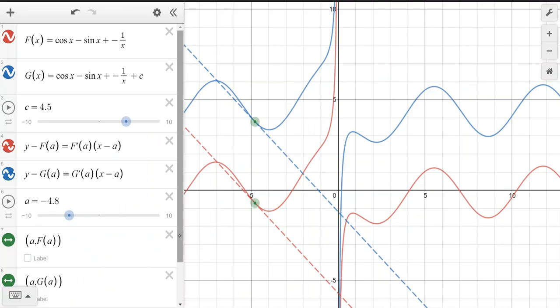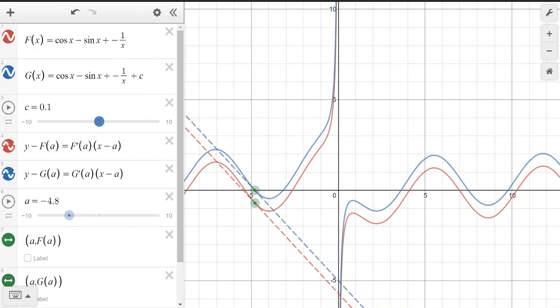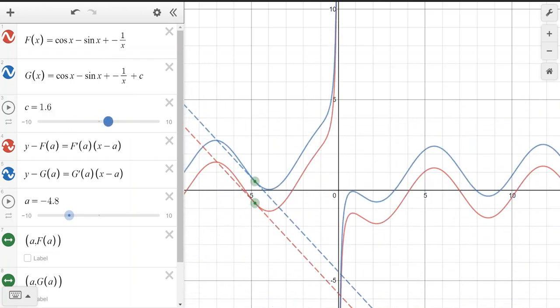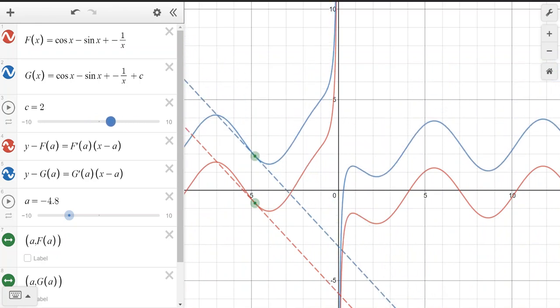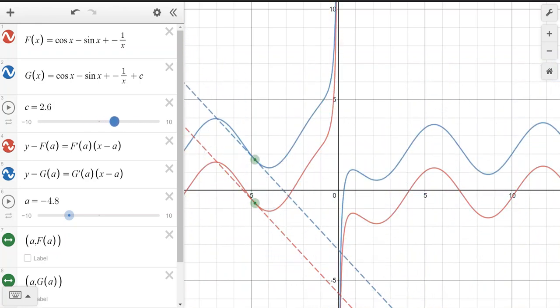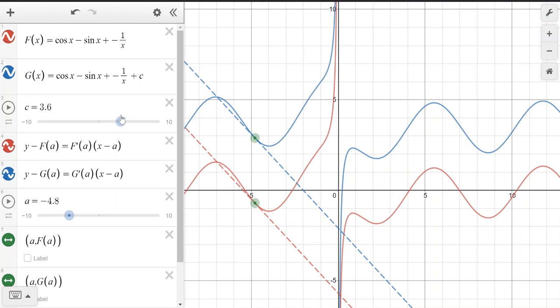So here in red, we have an antiderivative. That's the function we came up with, cosine x minus sine x minus 1 over x. And then the general one has the plus c. Notice that shifting that red curve up or down, that's what the blue curve is, just that vertical shift, does not change the derivative at a particular x value in the domain.